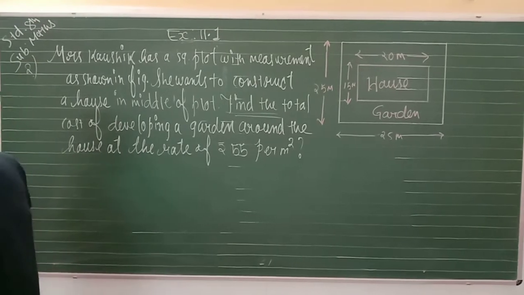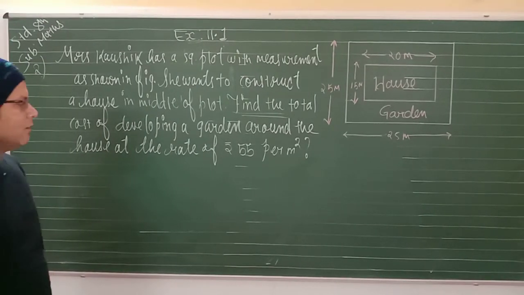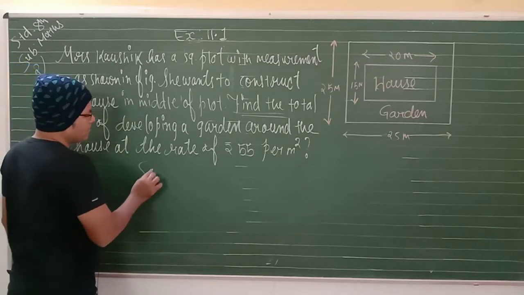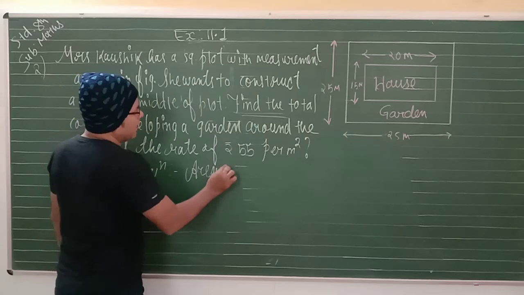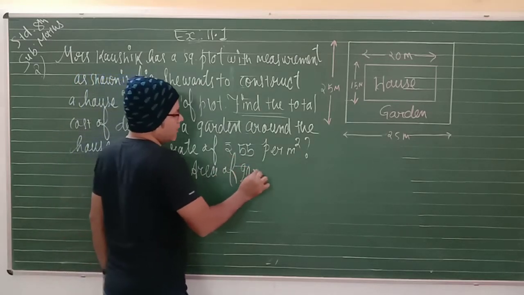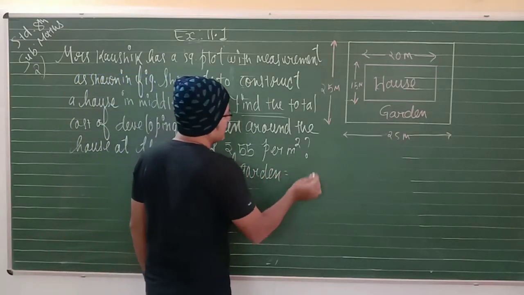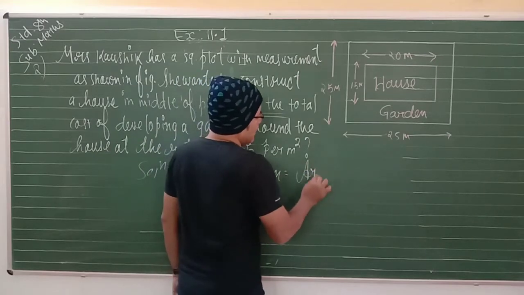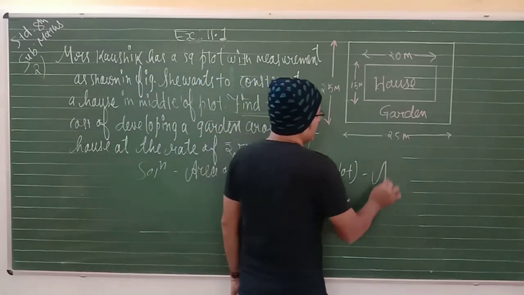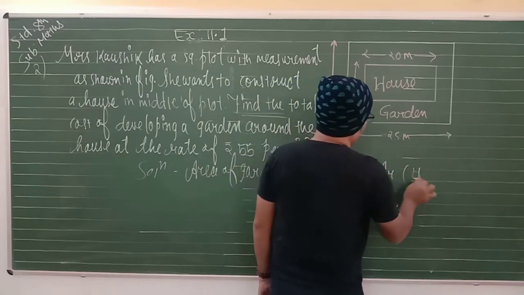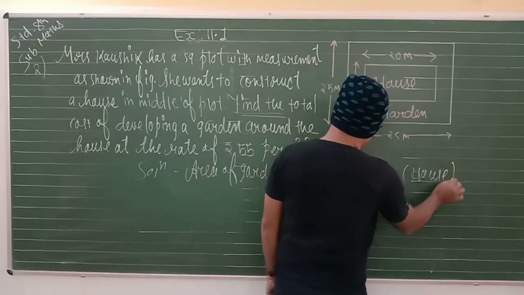So first of all we have to find the area of garden. Area of garden is equal to area of plot minus area of house.